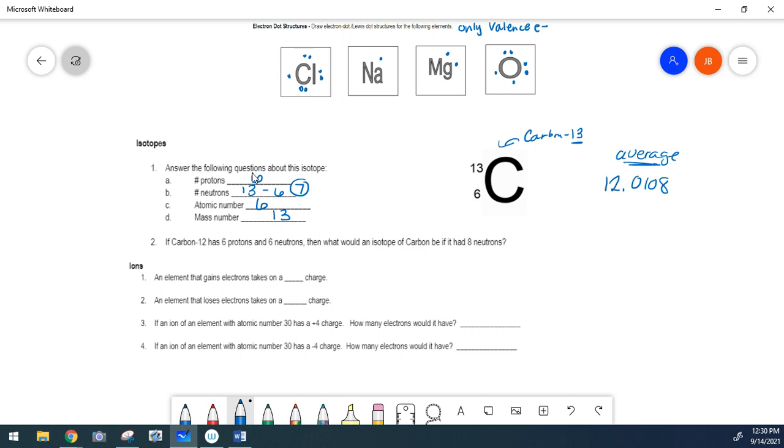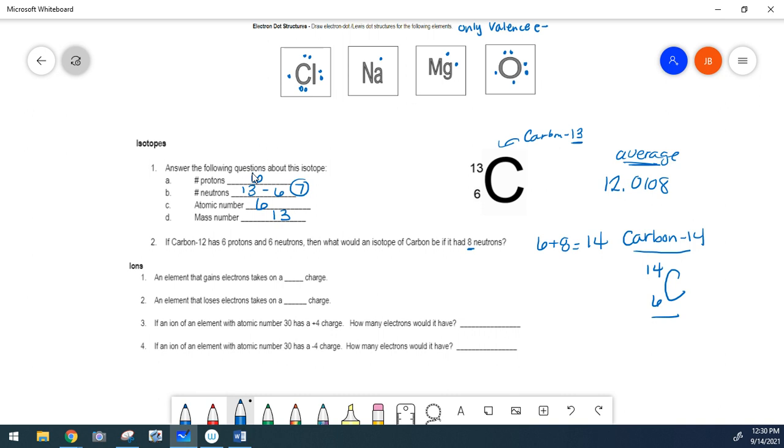If carbon 12 has 6 protons and 6 neutrons, then what would an isotope of carbon have that has 8 neutrons? Okay? Well, 6 plus 8 is what? 14. So what would it be? Carbon 14. Okay, and we would write that one 14 carbon 6. So you could either write it like that or like that. But it would be carbon 14.